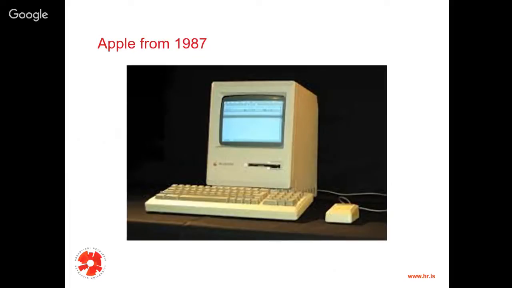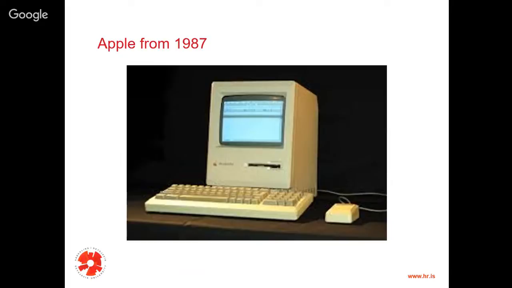And when I was studying computer science, I didn't have a computer myself, of course. They were very expensive. So you had to book a time when you were able to use the computer at the university. You brought your diskette there, and you could have 1 hour to do your assignment, and then the next student came.